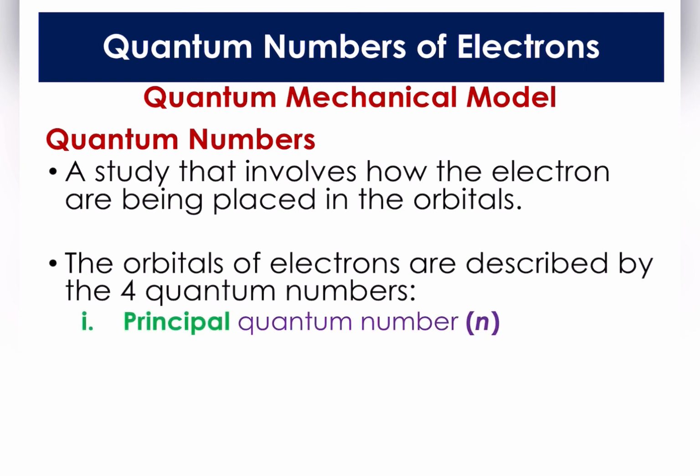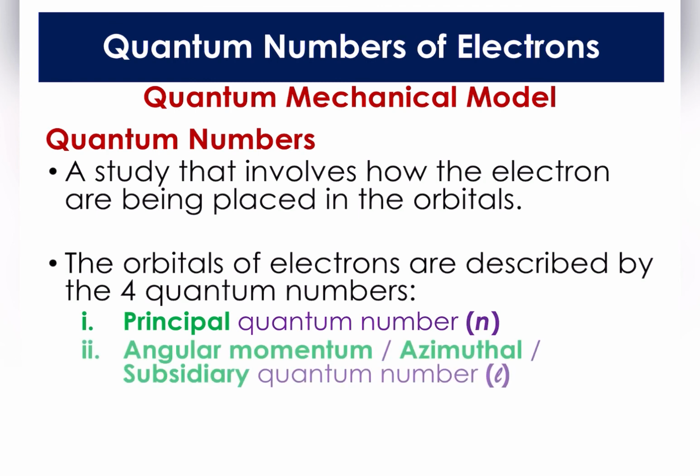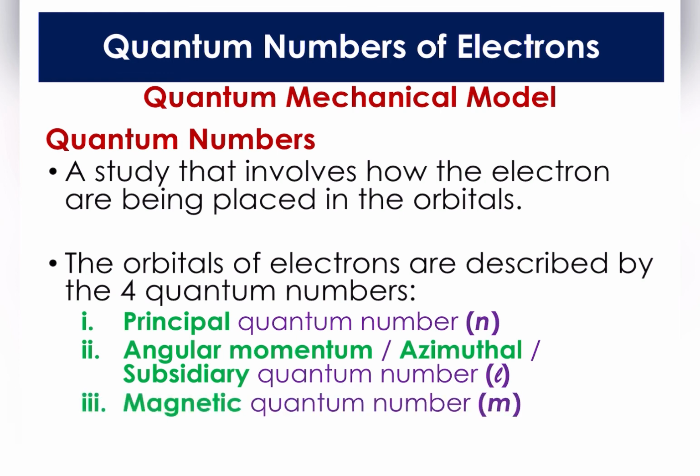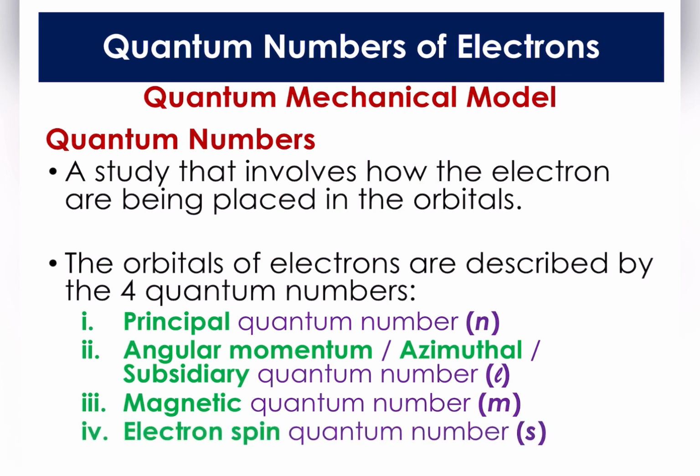Di mana we have principal quantum number, simbol dia adalah N. Angular momentum quantum number, simbolnya adalah L. Magnetic quantum number, simbolnya adalah M. And last one, electron spin quantum number, the symbol is S. Dan kesemua simbol ini dalam bentuk small letter, okay, huruf kecil. So, I'm going to introduce each of these quantum number to you in the next video.